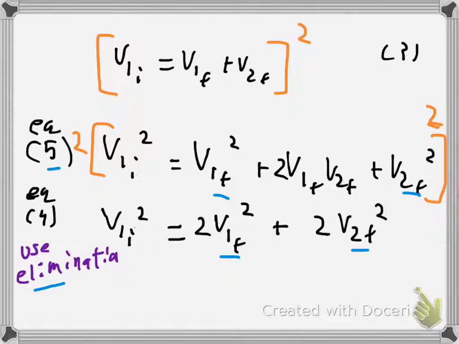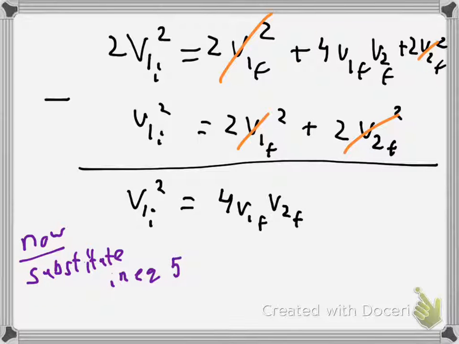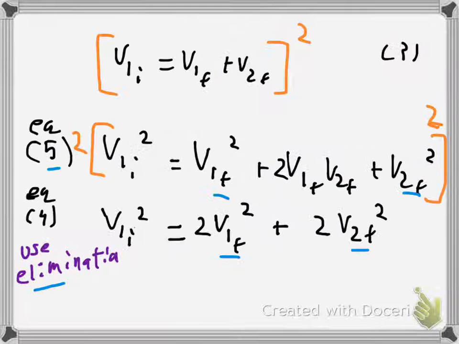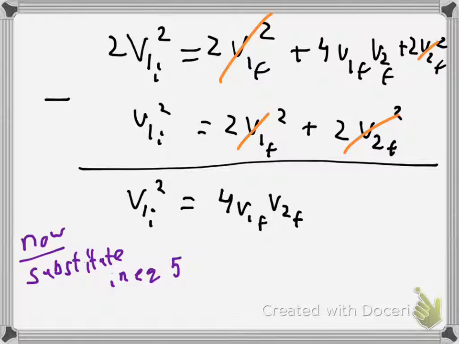In order to make this easy, I'm going to multiply equation 5 on both sides by 2, and then subtract equation 4 from equation 5. So if we multiply equation 5 by 2, that'll be 2 V1 initial squared is equal to 2 V1F squared plus 4 V1F V2F plus 2 V2F squared.